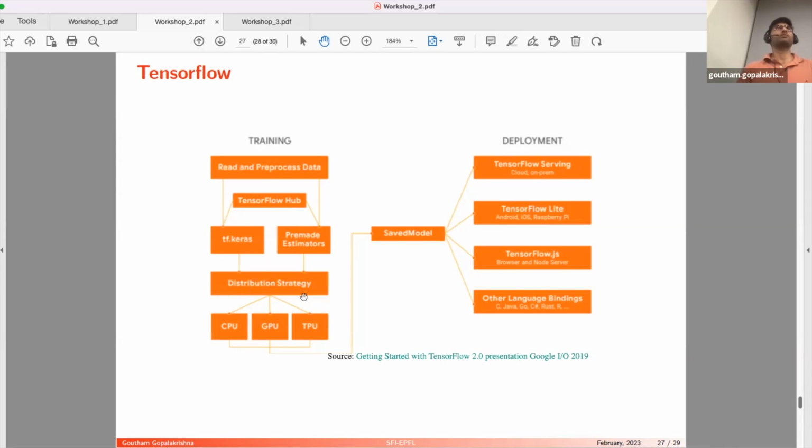There is distribution strategy as well. Like I mentioned earlier, if you want to do some parallel computation, you want to have some nice GPU compatible architecture, and that's what TensorFlow provides you, because communicating across different nodes on the GPU is not trivial at all. It can be more time consuming than just communicating with your local machine.